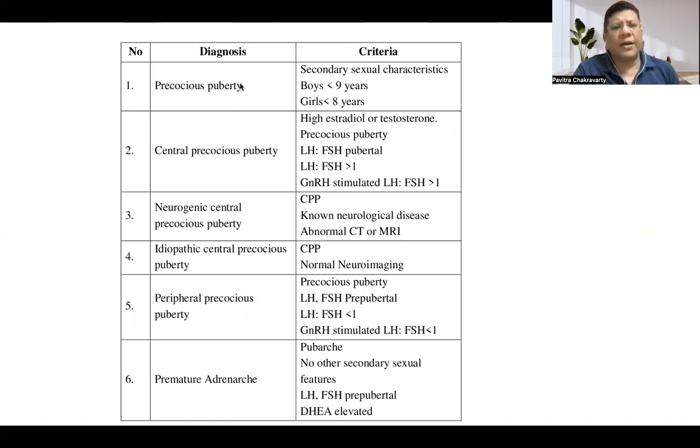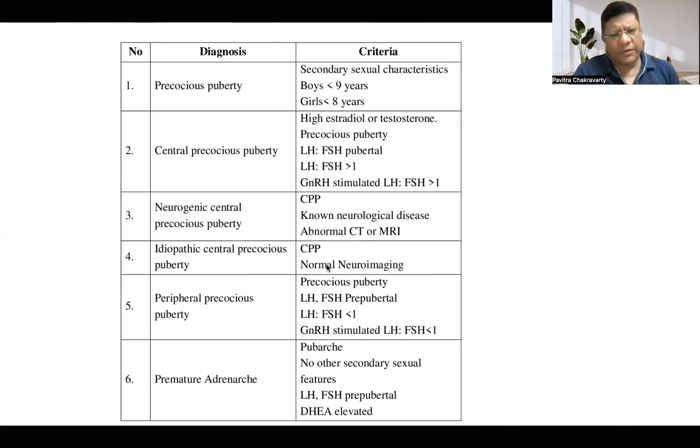So criteria of precocious puberty is boys less than 9 years, girls less than 8 years, central, high estradiol. How would you know it is central precocious puberty? The criteria will be there will be high estradiol or testosterone, and LH to FSH ratio should be greater than 1. So that one would be helpful. Neurogenic central precocious puberty, basically central precocious puberty, and obviously abnormal CT scan.